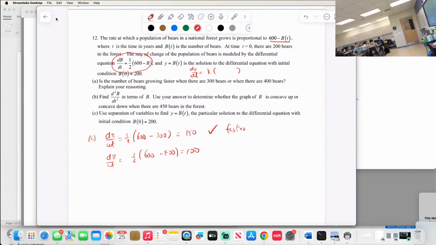And so why is that faster? From an ecological standpoint, in terms of biology or ecology, is it ecology? Those of you in Science Olympiad, you should know it's ecology, right? So why is a bear population growing faster at 300 rather than 400? Why do you think that is?